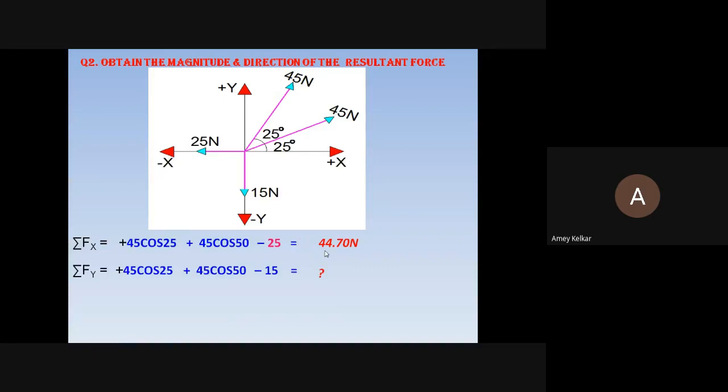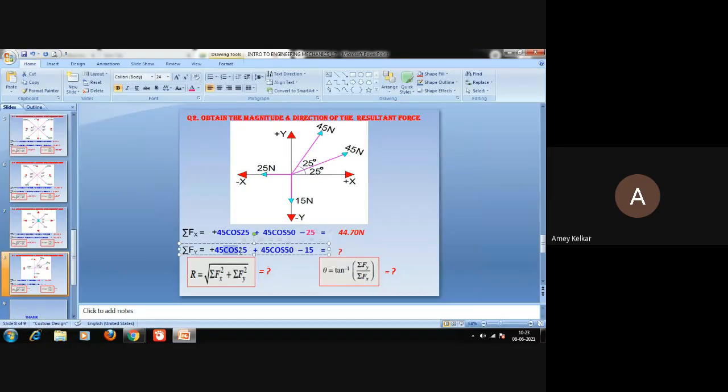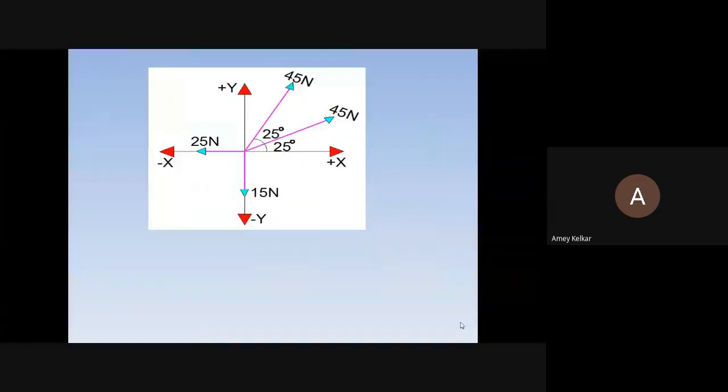Now when we come to the Fy equation, same as this, of course I have not edited, sorry, so same mistake I did. So this becomes sine 25, and again this also becomes sine 50. It is simple.